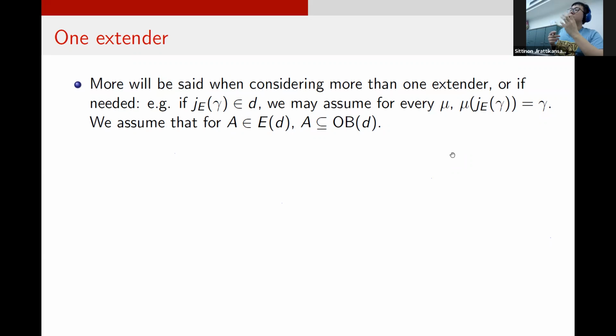You can say more things, as long as it concentrates on something where MC behaves inside the ultrapower by E. So for example, if the domain D has more information, say I fix gamma and JE of gamma is in D, I can say that there's a measure one set of mu such that the domain of mu contains JE of gamma, and mu of JE of gamma is gamma.